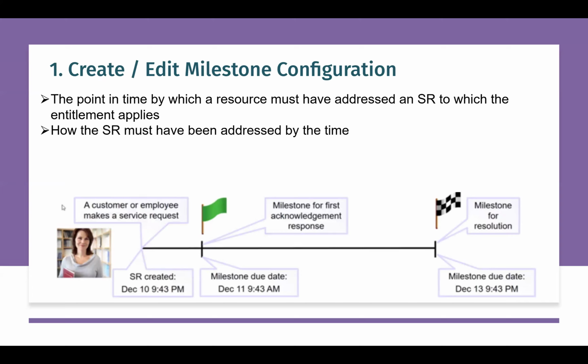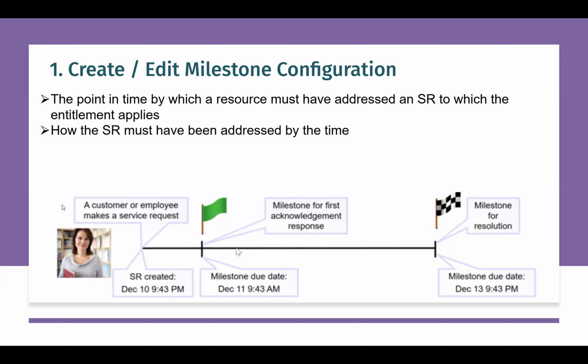In the first step, a service request will be assigned to some agent, right? As soon as the SR gets created by any channel, it needs to be taken care of within certain timelines.